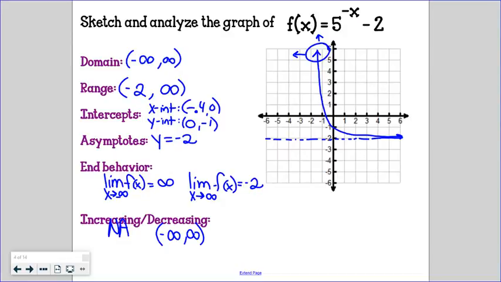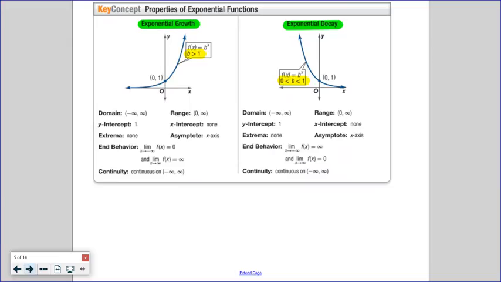Okay, so why the difference in our pictures, and how can I predict or know whether it was increasing or decreasing, whether it's this one heading downhill or the one that we just saw that was heading up as we head to the right? This is taken out of your book, and actually the words they use for it is exponential growth and exponential decay. And where does it come from? Well, it comes from the base number that's being raised to your exponent.